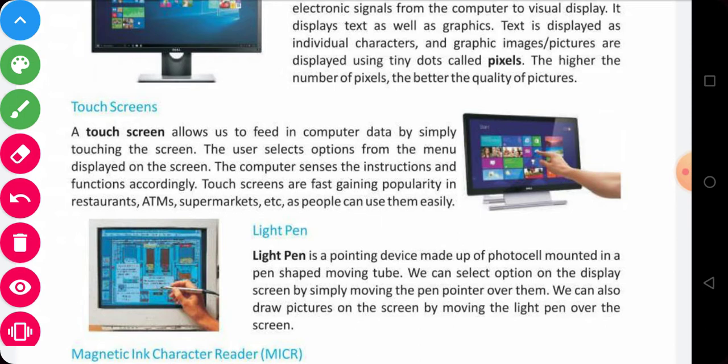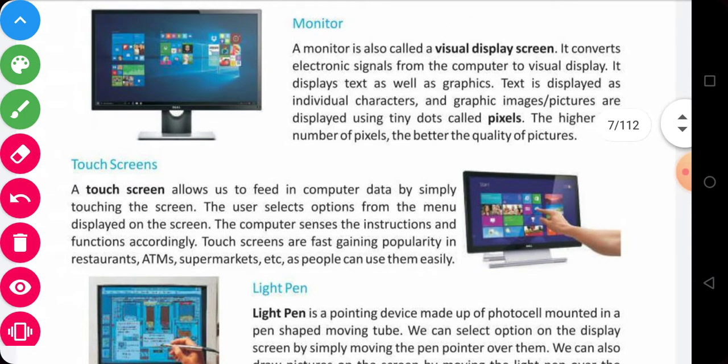Also, a touchscreen may be counted as both an input device and an output device. By pointing your finger at any application on the touchscreen, it acts as an input device, whereas the processed information we see on the monitor acts as an output device.